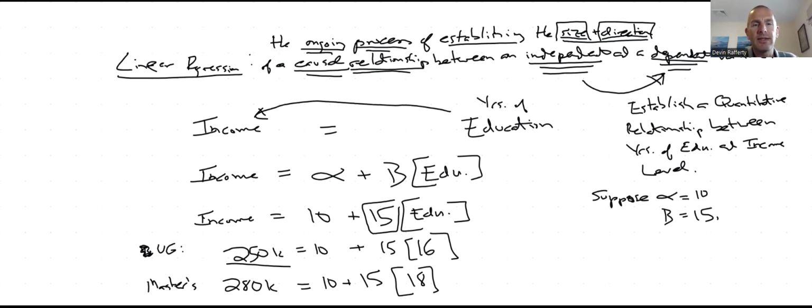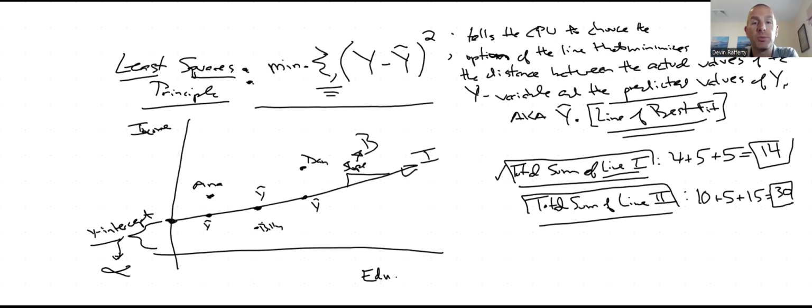Well, what's this process? How do we actually establish the size and the direction? The way we establish the size and direction is through the least squares principle. We say, hey, I want to know the size and direction of the relationship between an independent and a dependent variable.